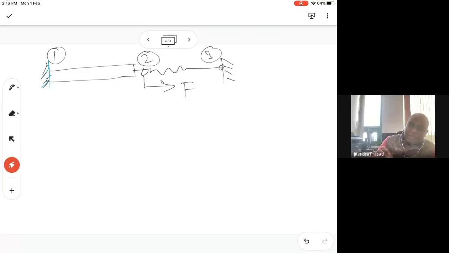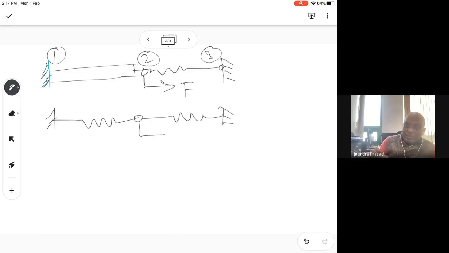So what I'm going to do is replace this with a spring. If you know the solution of this, you will automatically do this. There is no difference between a spring and a bar.